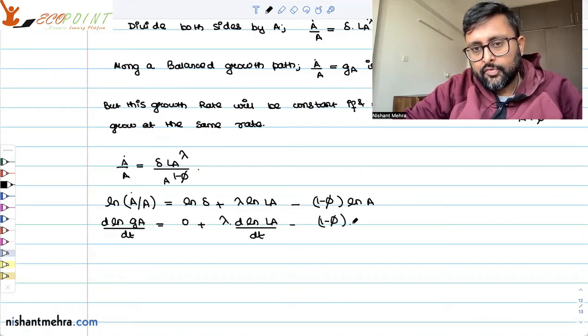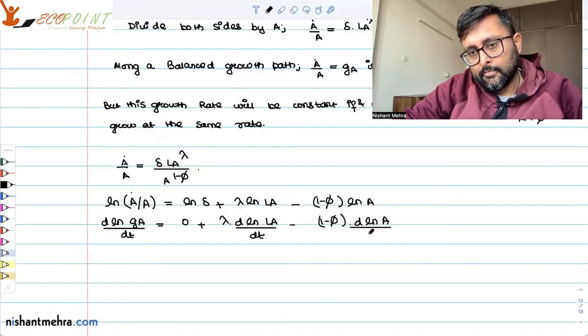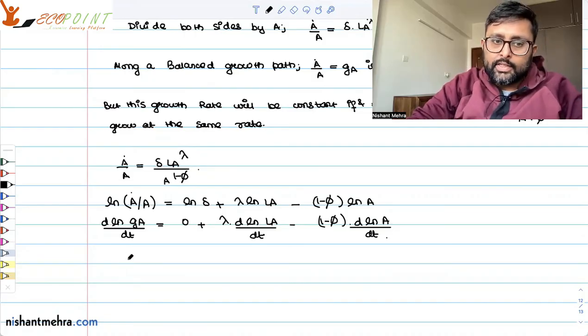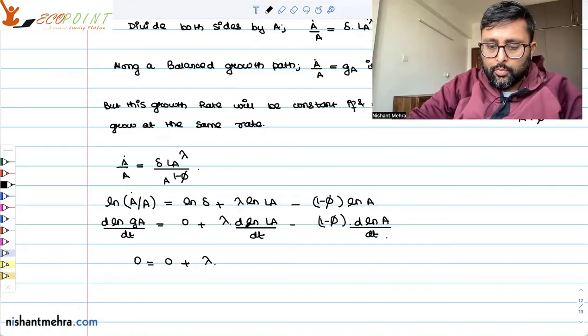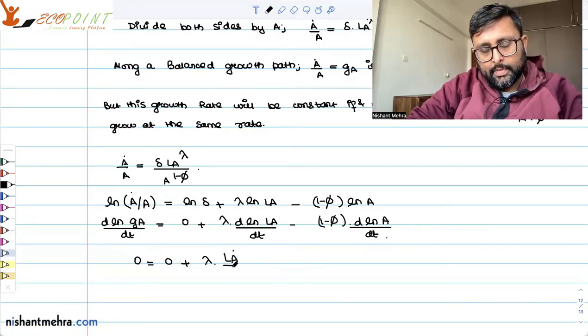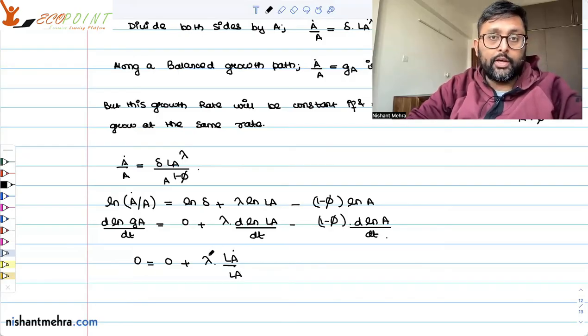So 1 minus phi times d log A by dt. But G_A is a number, that's a constant, so this is going to be equal to 0, right? This is 0 plus lambda times 1 upon L_A into dL_A by dt. That is L_A dot by L_A. While doing growth theory, you should know about time log derivatives.